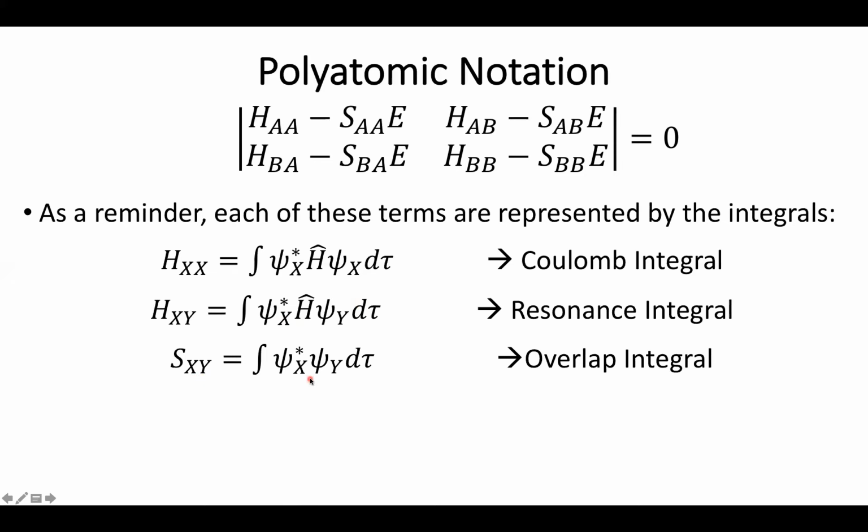If I've got two orbitals centered on the same atom, this will go to 0. If they're the same orbital, then congratulations, because all of our atomic orbitals should be normalized, this value will go to 1. However, this gets very tricky if, as we've seen before, x and y are centered on different atoms.